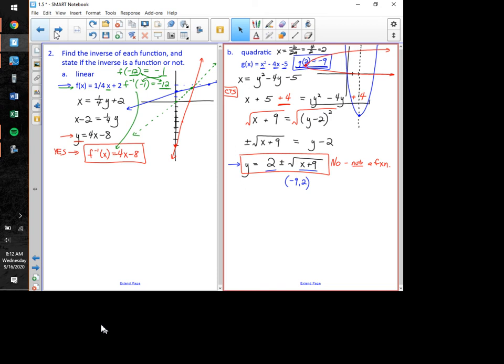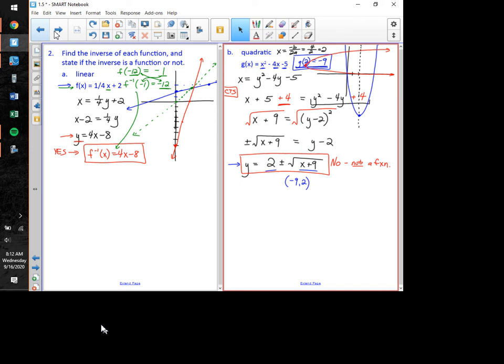Both of the functions in examples A and B have inverses, but only the first one, in A, has an inverse that is a function. So we would say, for example A, that f inverse exists, meaning that we can find it and it is a function. But then as we look at example B, we would say that G inverse does not exist.